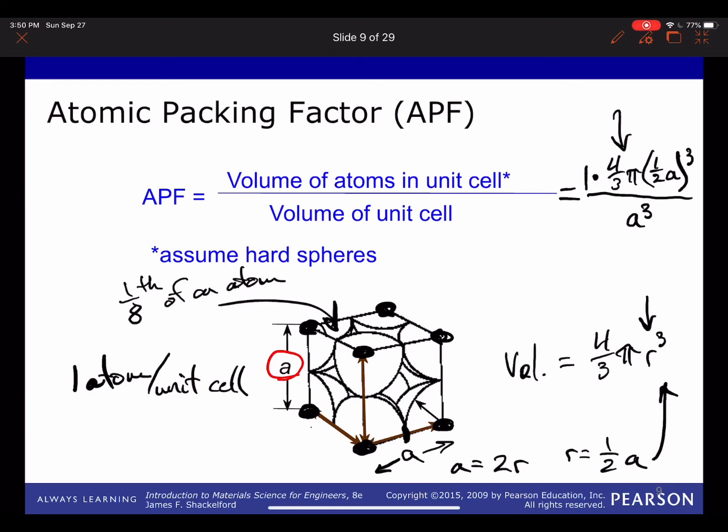Okay, so simplifying this, we will get 4/3 pi. A to the power 3 cancels A to the power 3, and we are left with a half to the power of 3.